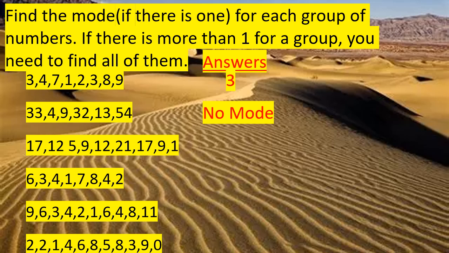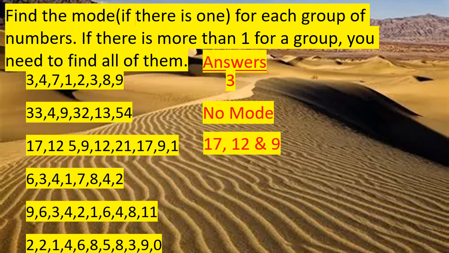No number appears more than 1 time. Next one, 17, 12, 5, 9, 12, 21, 17, 9, 1. And this time there are 3 modes. 17 appears twice, 12 appears twice, and 9 also appears twice.